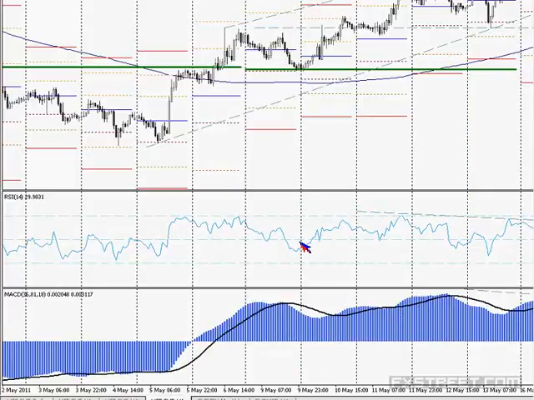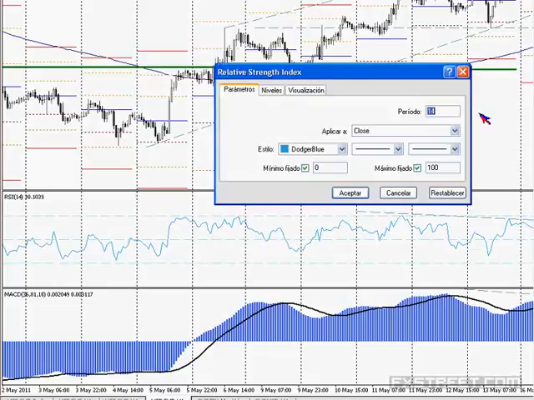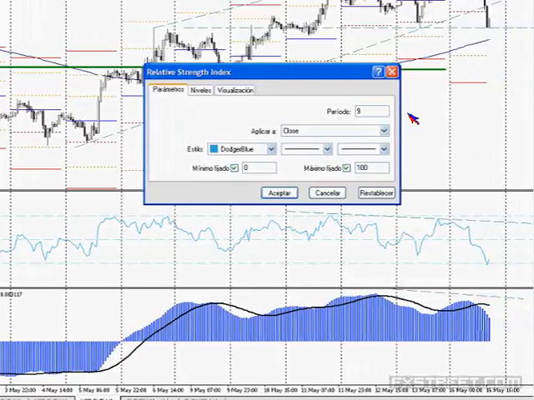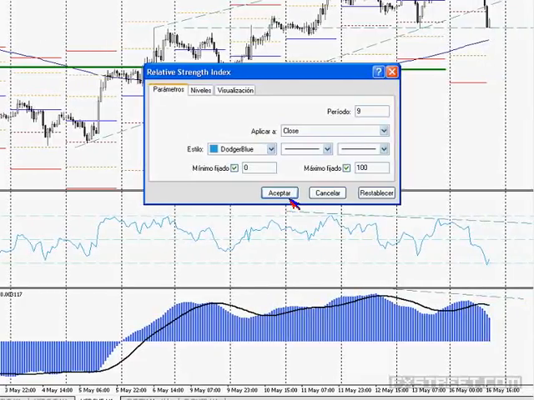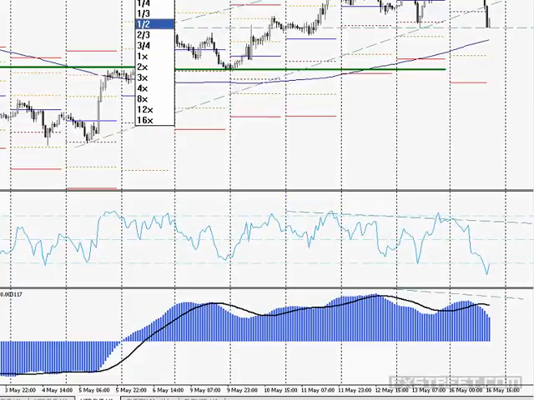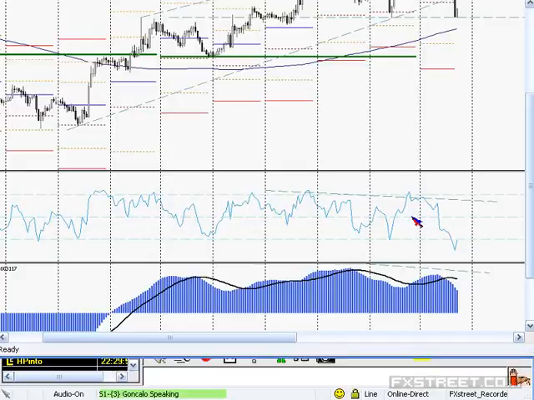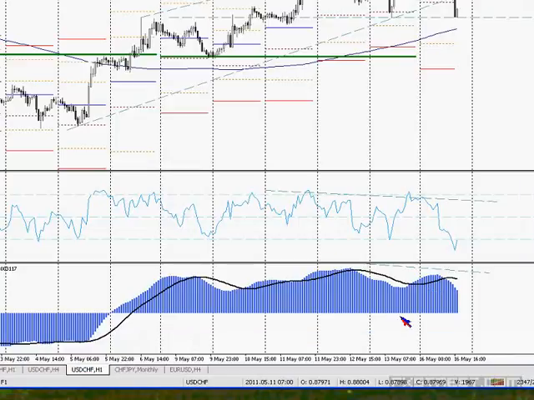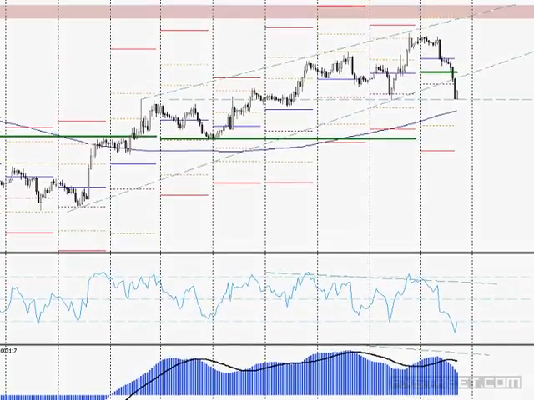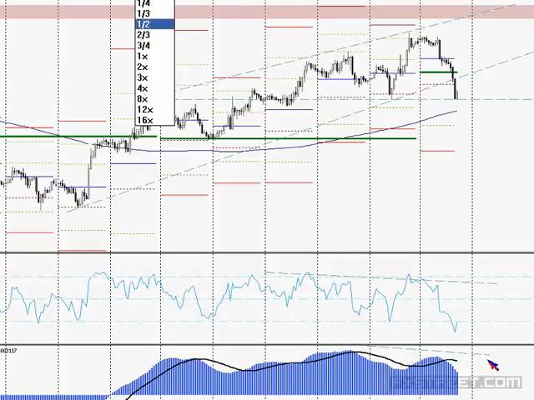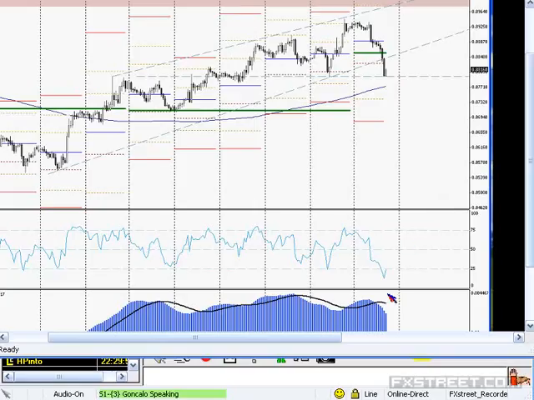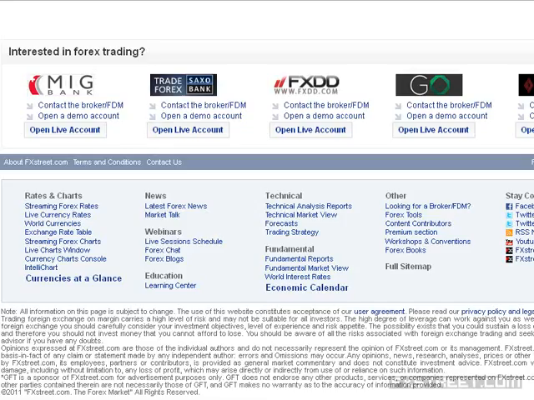We already see here a much slower oscillator, and we do the same changes here with the RSI, changing it to a slightly more sensible oscillator of 9 periods, and already we see how these lines, which were previously used to determine divergence, well, that one would be more or less still in place. But that is not the aim with these new settings.